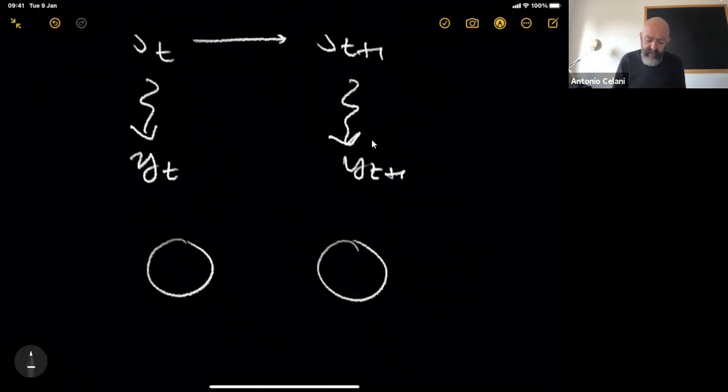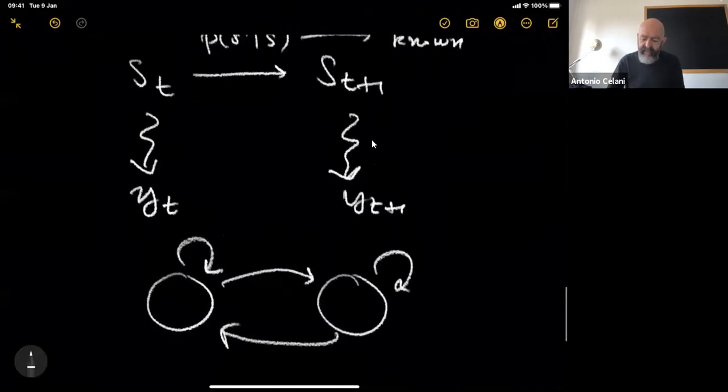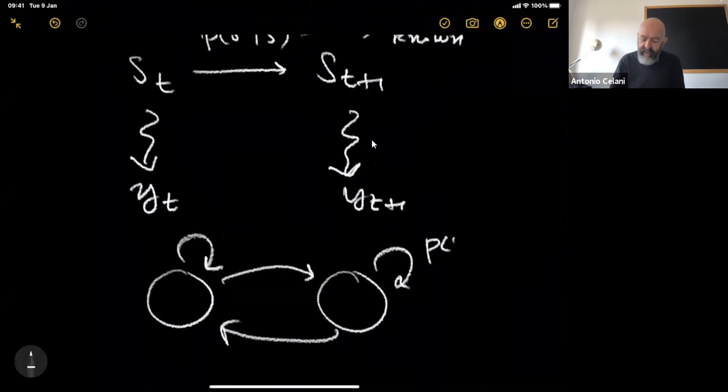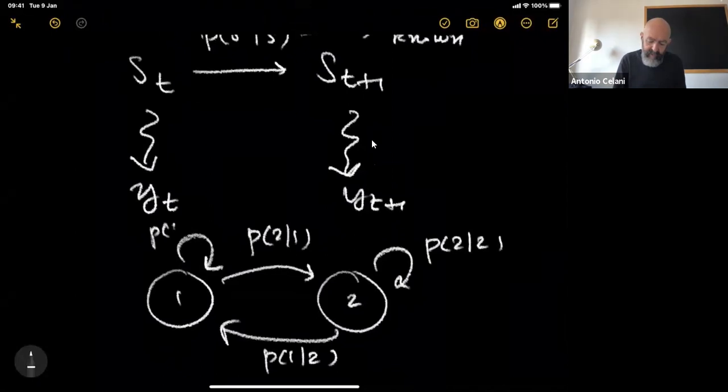The system can only do this or that with some probabilities. So this, for instance, is the probability of 2 given 2. This is the probability of going into 1 given 2, P1. Okay, and all these quantities are known.